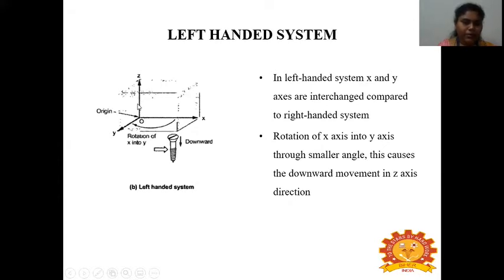That is, the motion of the screw will be in the z direction, downward, that is in the negative z direction. So in the left-handed system, the axes are interchanged compared to the right-handed system, and the rotation of the x-axis into the y-axis through a smaller angle causes the downward movement of the screw along the z-axis.